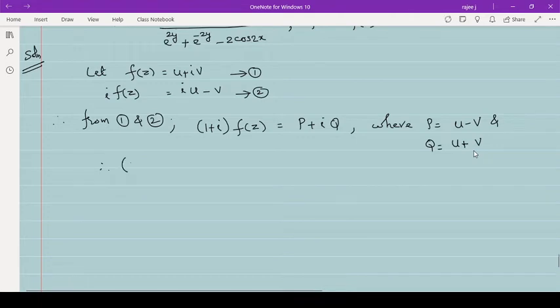One more step we can write: (1 + i) f'(z) is equal to px + iqx.